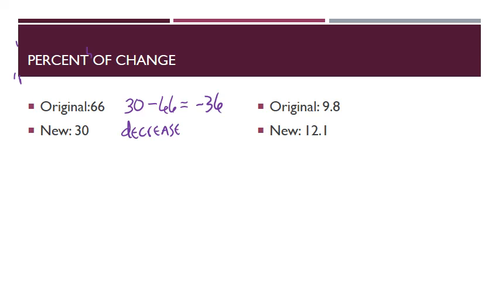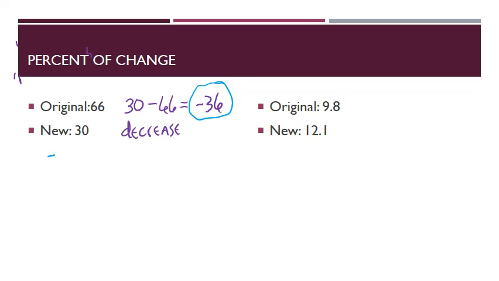And then we're going to set up a proportion. And we're going to start by using this number that we found as the difference between the new and the old.